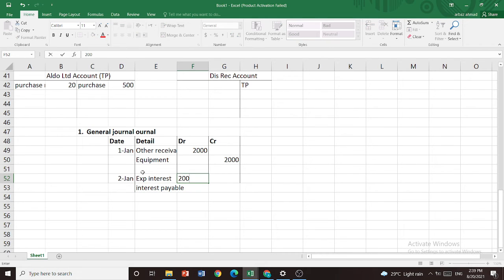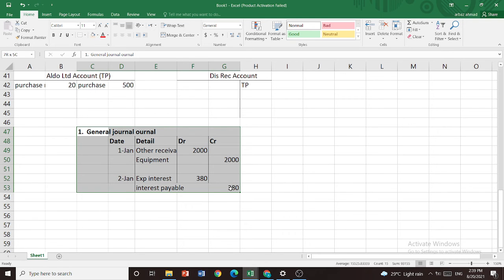Let's say it's 200, change the figure, 380. So we have to pay interest 380, and we will debit our expense in the income statement 380.